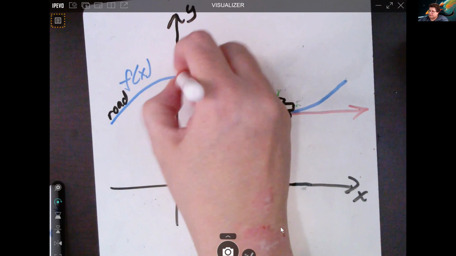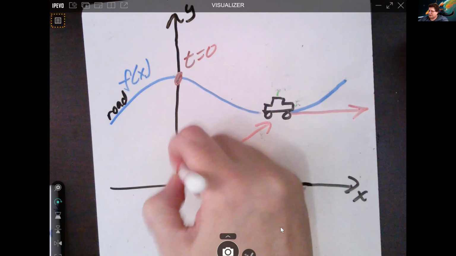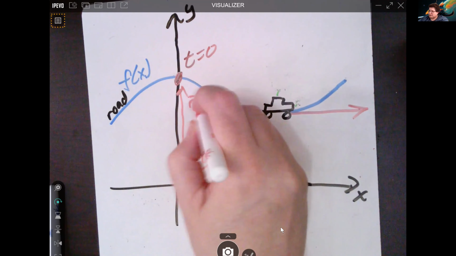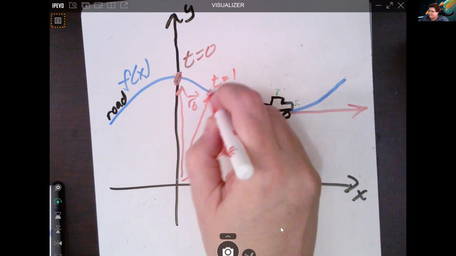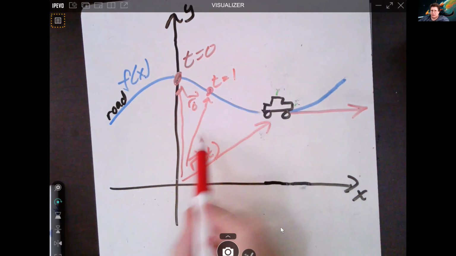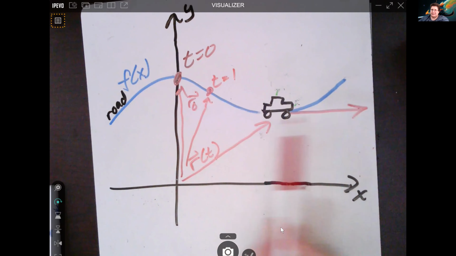Let's say t equals 0 here, so that would be R of 0. And then I could have R of 1, t equals 1 here. But from the car's point of view, does this vector mean anything?